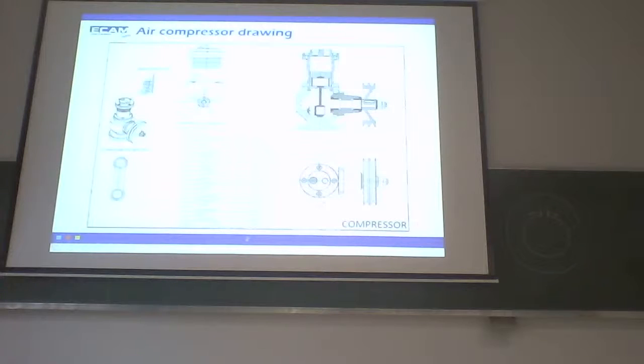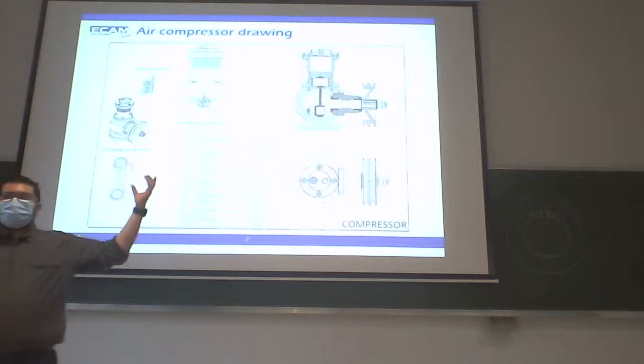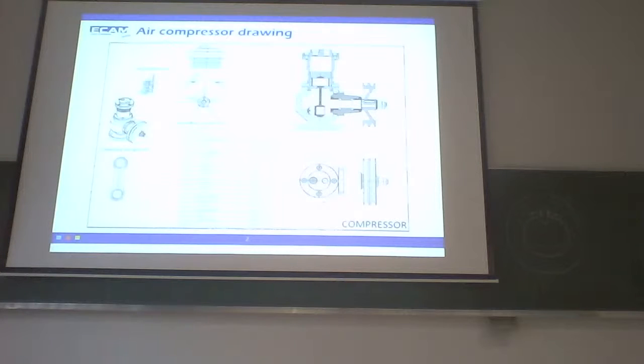So you have an inlet valve and an outlet valve. When the piston goes down, air enters the chamber, and when the piston goes up, the air goes out with the pressure. That is the principle of an air compressor.